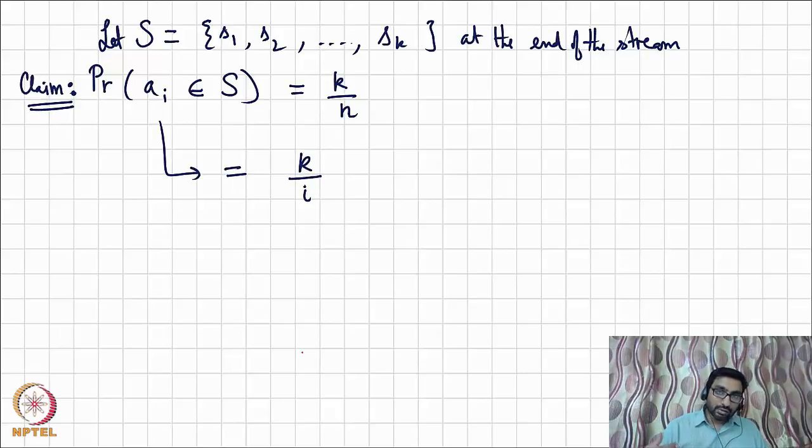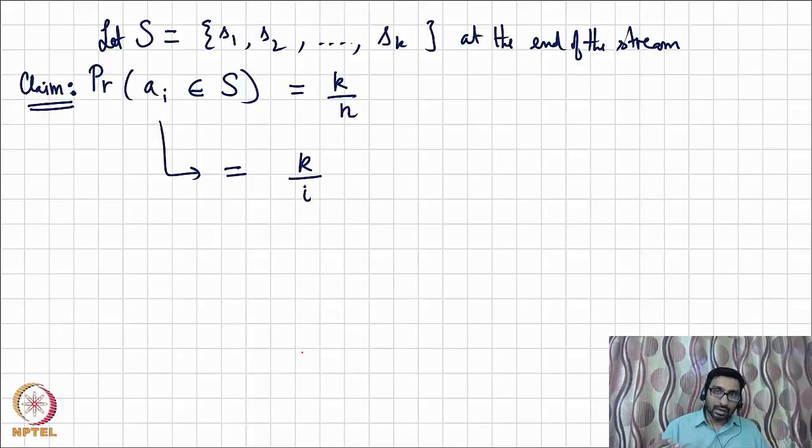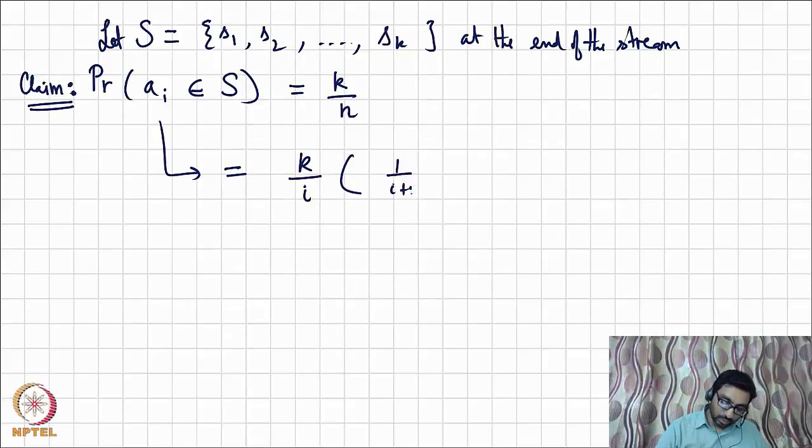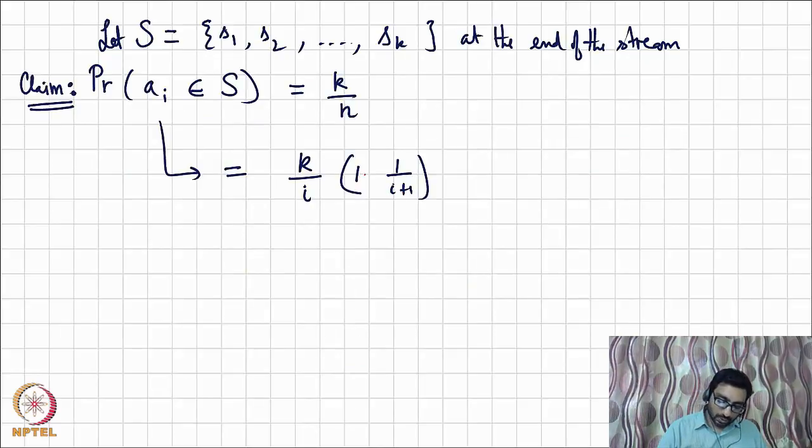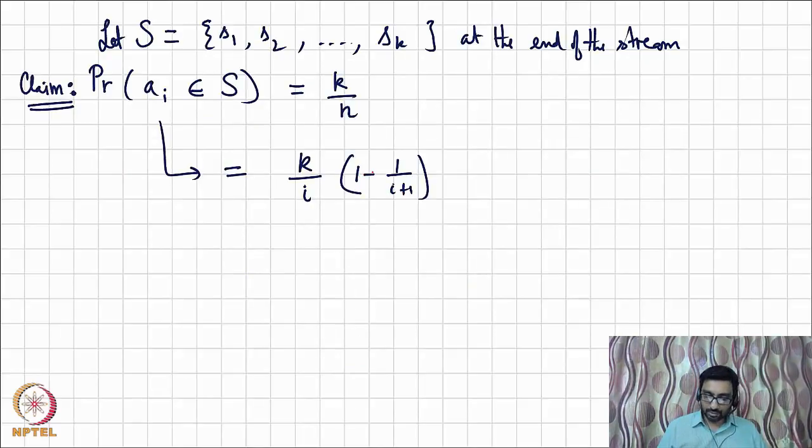And then it should remain in the memory cell in which it was placed. So let us, without loss of generality, say that it was placed in some particular location. The i plus 1th item should not have fallen in that particular location. Well, the i plus 1th item falls in that particular location with probability 1 over i plus 1. So it does not fall in that location with probability 1 minus 1 over i plus 1.